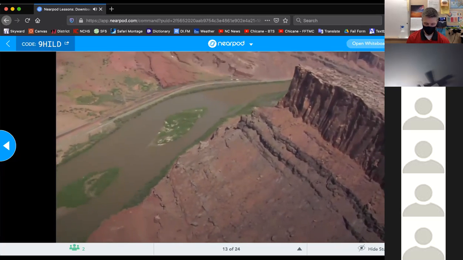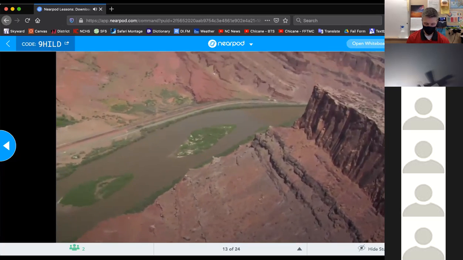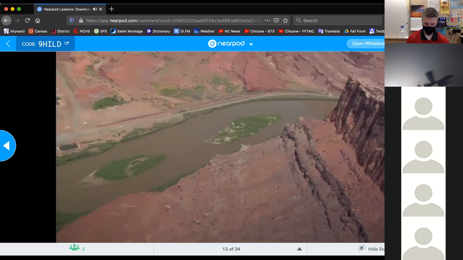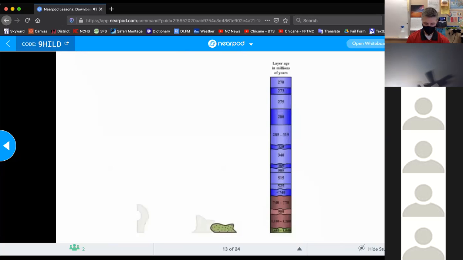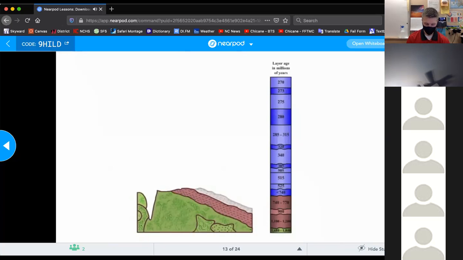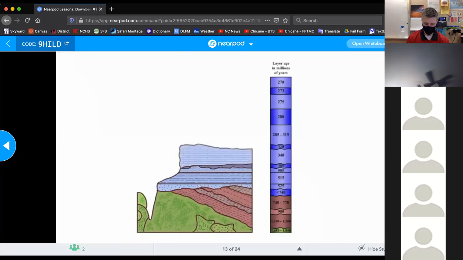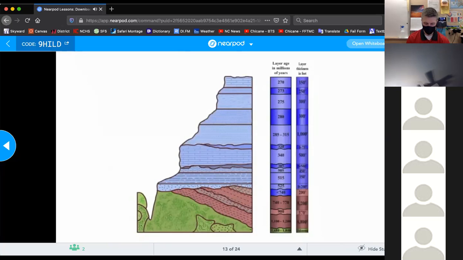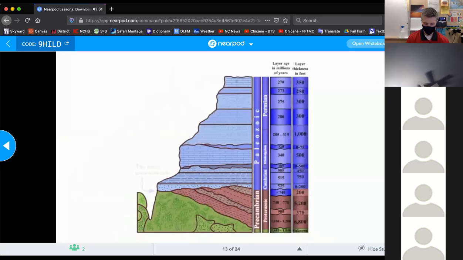Unconformities are common in sequences of sedimentary rocks, where a much younger layer lies directly on top of an older layer. In the Grand Canyon, you can observe that the unconformity exists where a much younger layer lies on one formed much earlier. Here, the top layer is 1 billion years younger than the layer beneath it. This period of time is so significant that geologists call it the Great Unconformity.